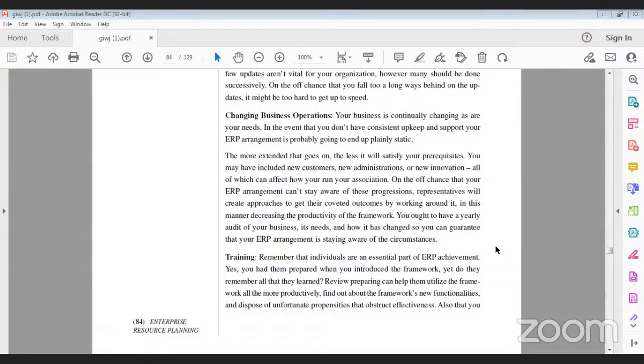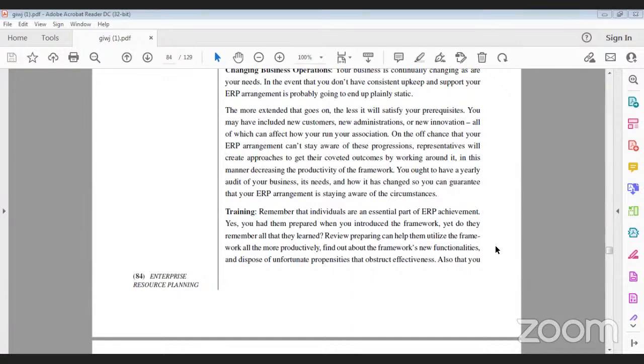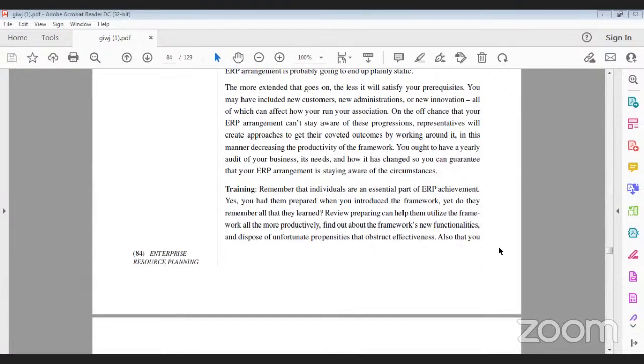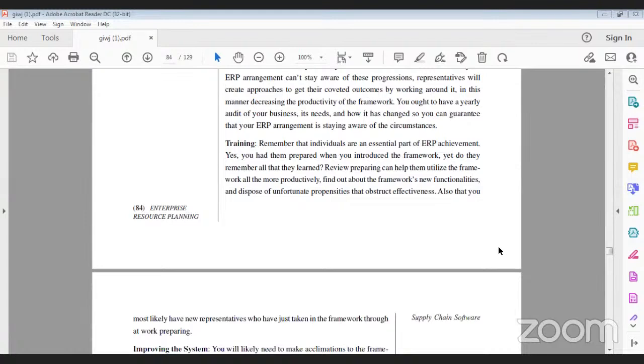Yes, you trained them when you introduced the system, but do they remember all they learned? Training can help them use the system more productively, find out about the system's functions, and dispose of unfortunate habits and obstacles, especially for those who are new.